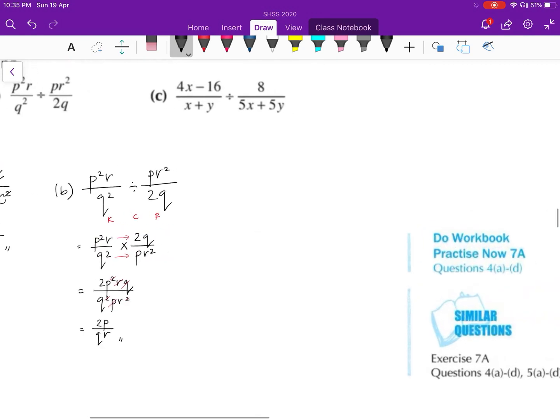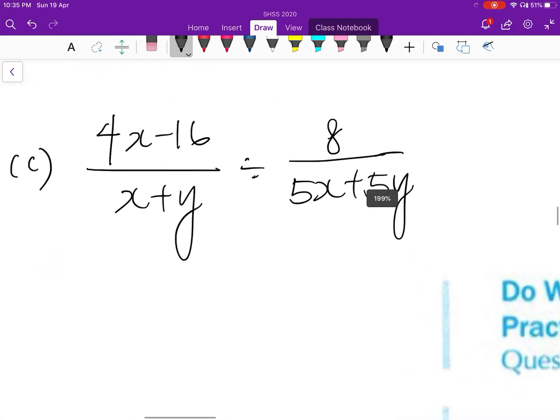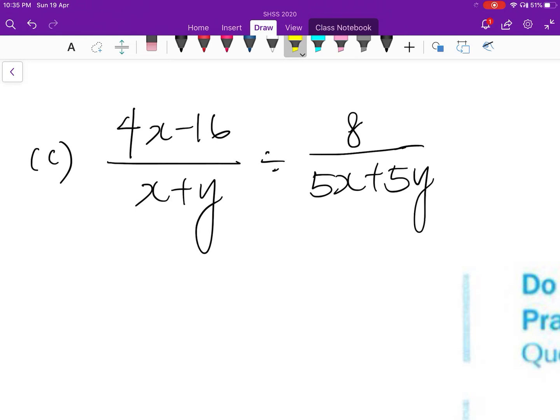Now let's take a look at part C. Part C is a little bit more tricky because we have plus and minus in the fraction itself. So I have 4x minus 16 over x plus y divided by 8 over 5x plus 5y. If we take a look at these fractions, we would realize that we can factorize, and the blue highlighted one is also something that we can factorize.